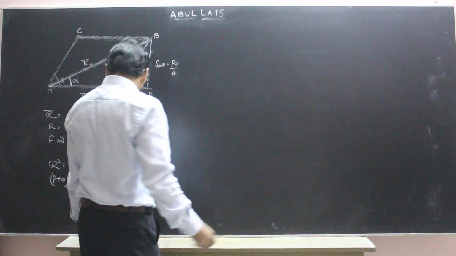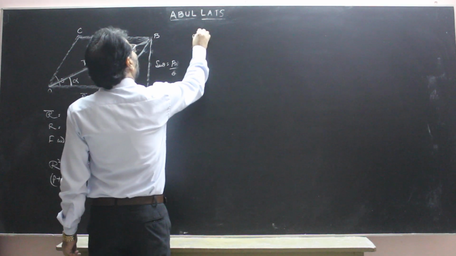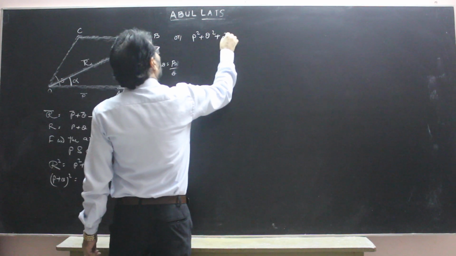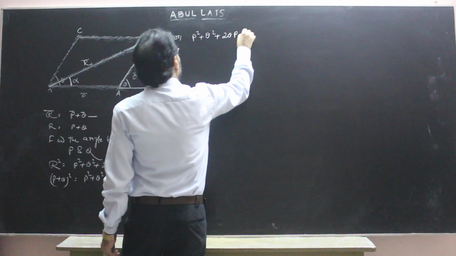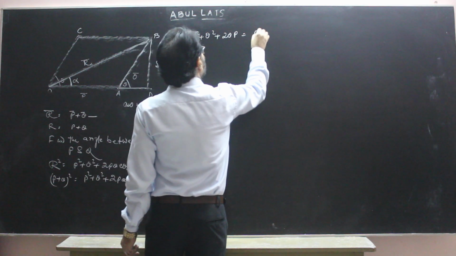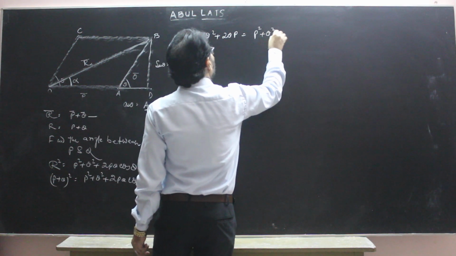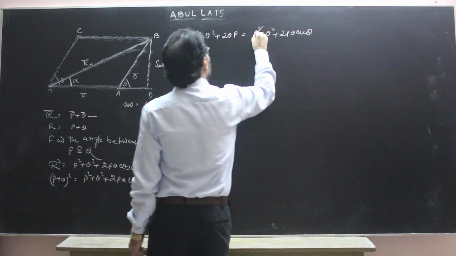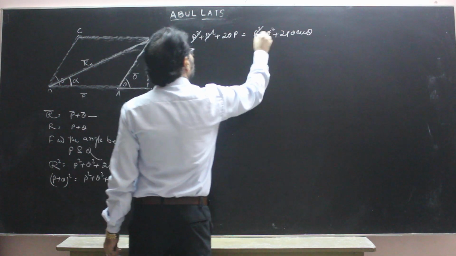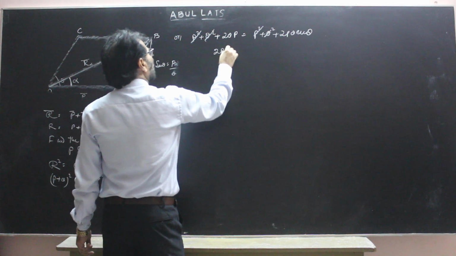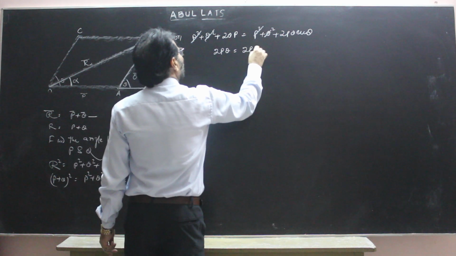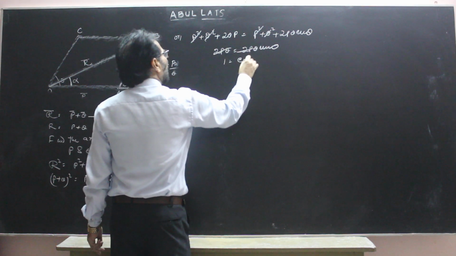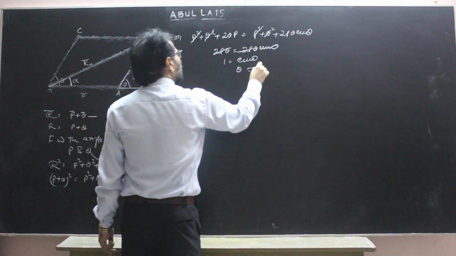And we can write P square plus Q square plus 2PQ is equal to P square plus Q square plus 2PQ cos theta. P square, Q square cancel. So 2PQ is equal to 2PQ cos theta, and cos theta is 1, so theta is 0.